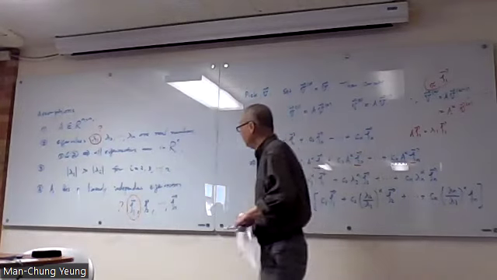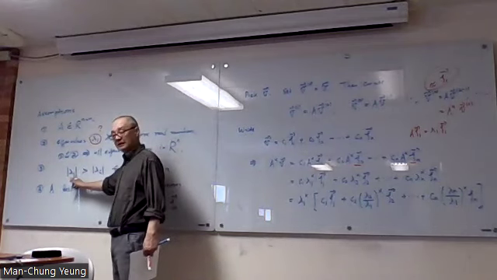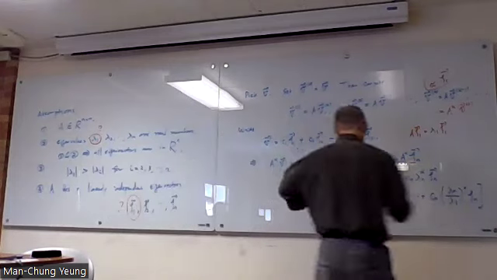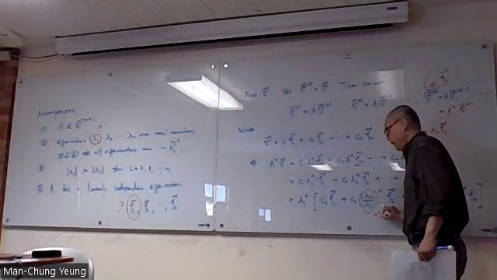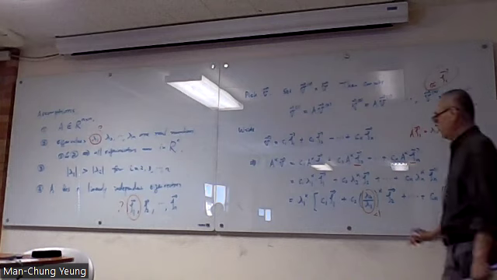By assumption, lambda 1 is the dominant eigenvalue, so this number is less than 1 in absolute value, and this is less than 1 in absolute value. How about this constant?